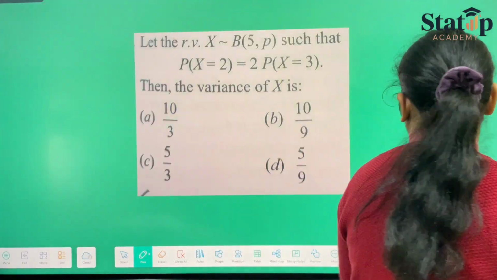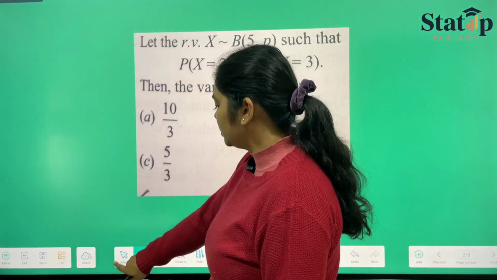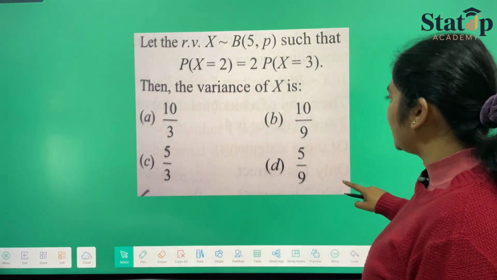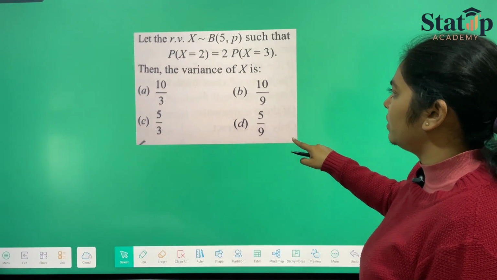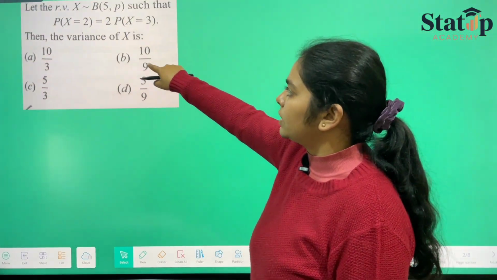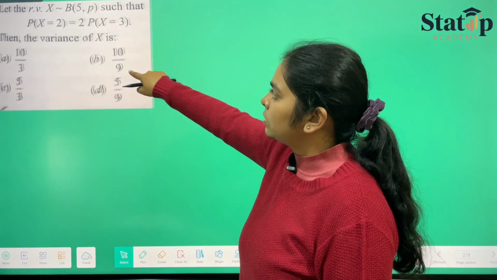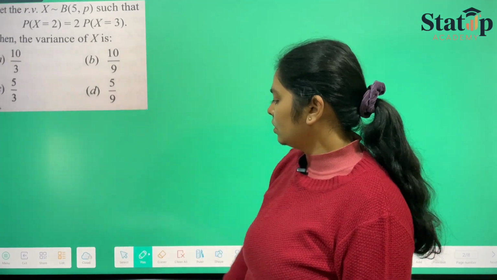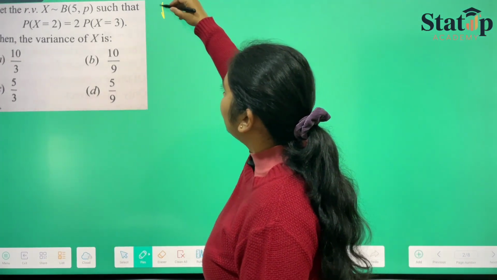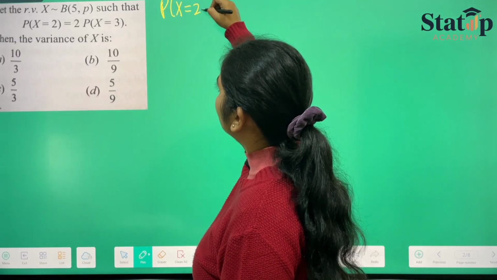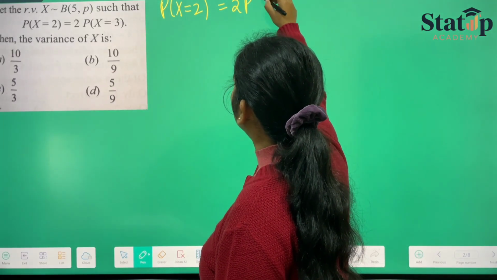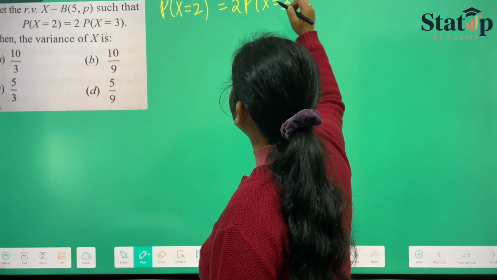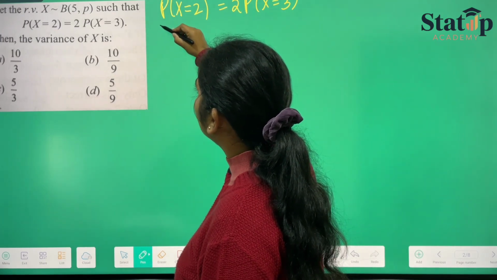Now moving to the second question. Here the question is similar, but instead of p, they have asked us about the variance of x. So probability x is equals to 2 is equals to 2 into probability x equals to 3. If we see that, it will be n.